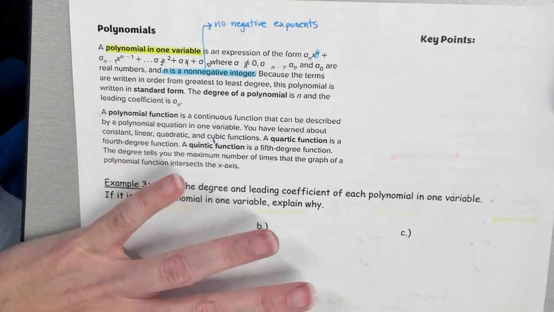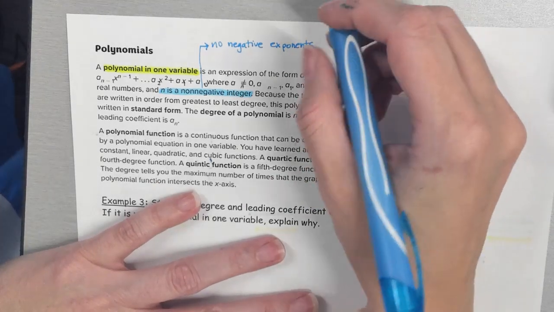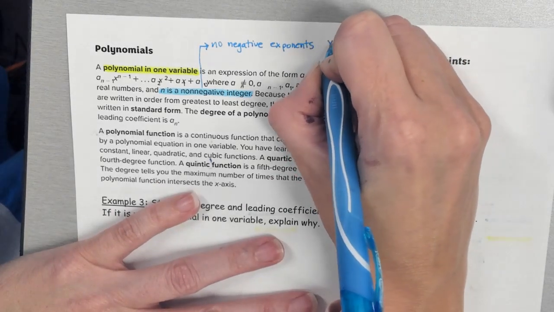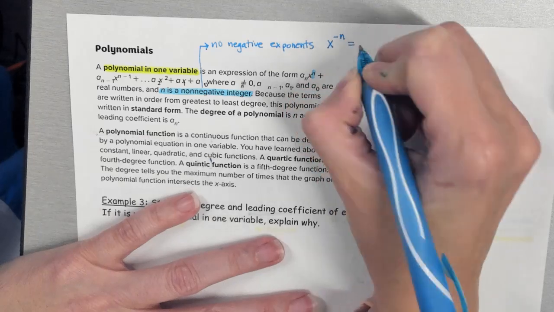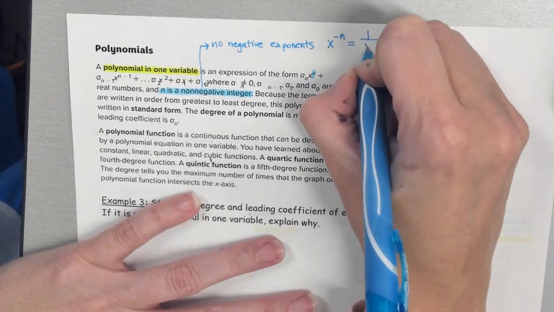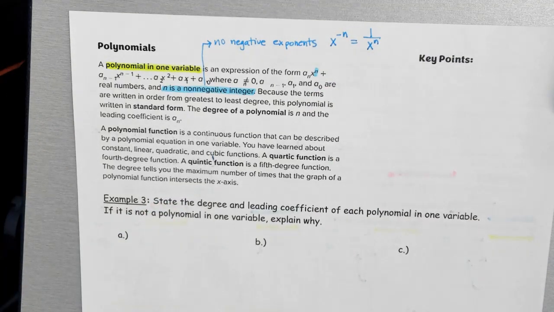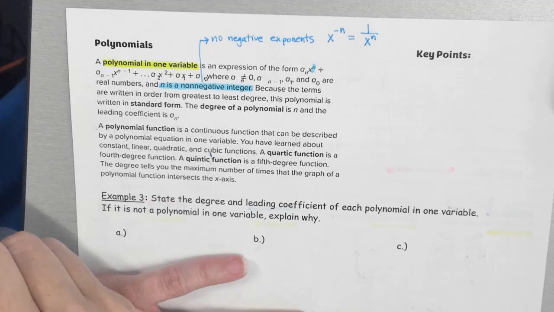Okay, if you have a negative exponent, it could look like this. If you have x to the negative n power, that's the same thing as 1 over x to the nth. You would have talked about that when you did exponential relationships, which we'll go over again this year.